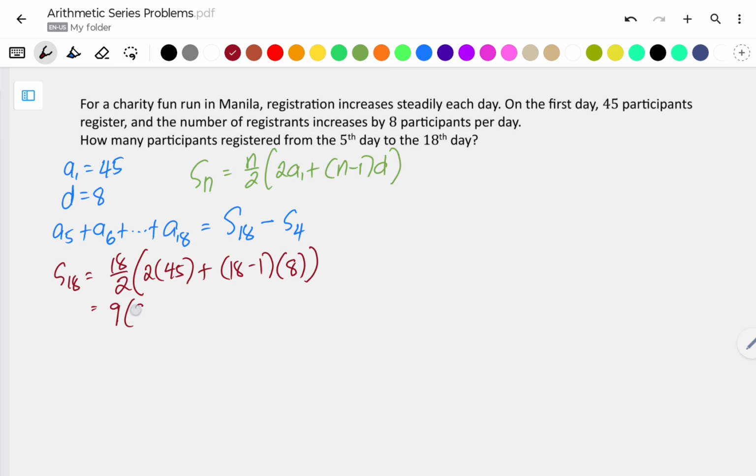So this is 9 times 90 plus 17 times 8, which is 136. So 90 plus 136 is 226. Times 9 is 2034.